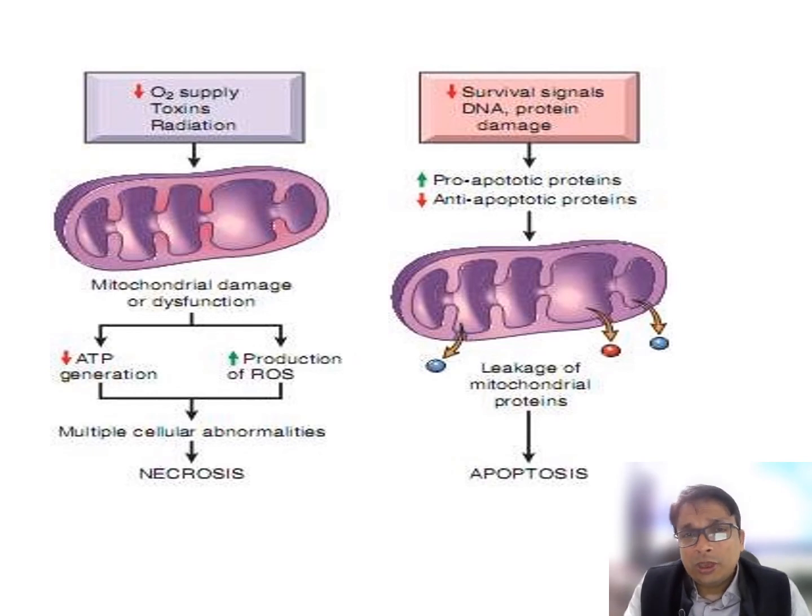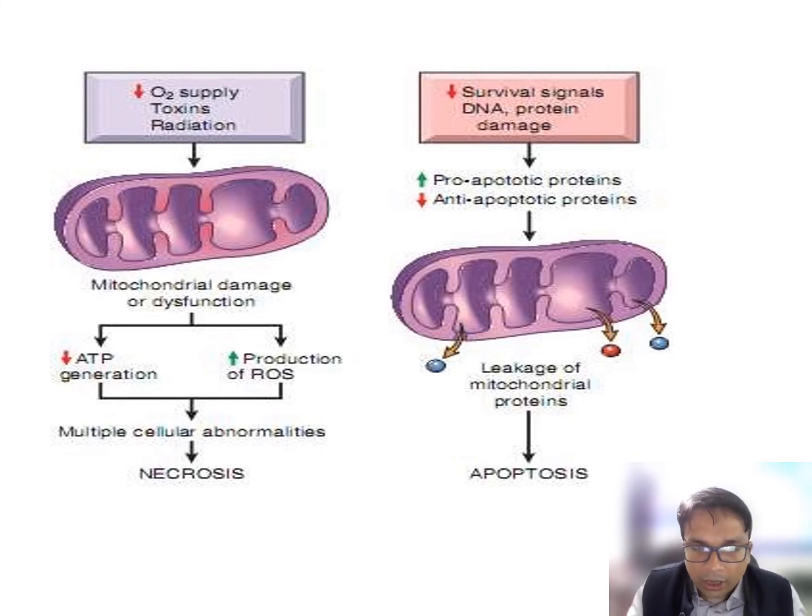Whereas suppose the survival signaling of DNA or protein damage is there, that results in activation of pro-apoptotic proteins. I discussed these pro-apoptotic proteins like the BCL2 family, BAX. In our cell we have two types of protein, pro-apoptotic and anti-apoptotic.